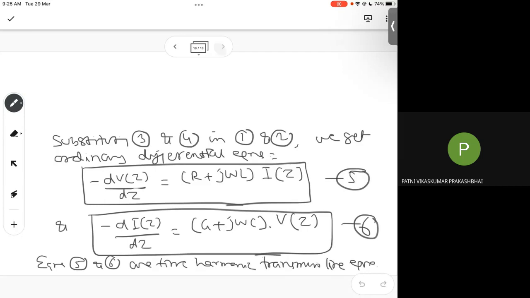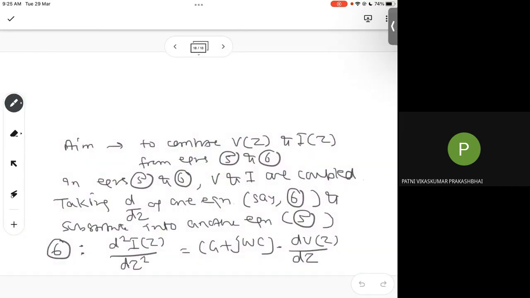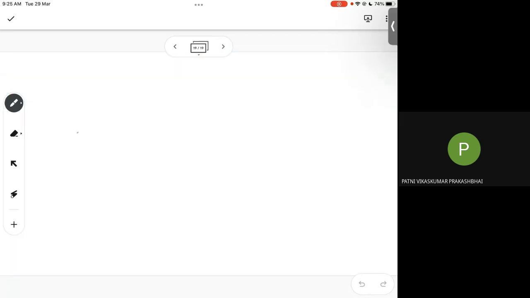So I got this equation. d square Iz by dz square is equal to this one, and substitute into another equation. So first we have to find dVz by dz, which I get from this equation.